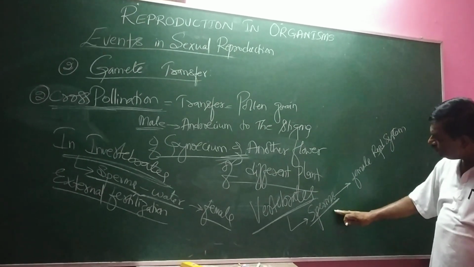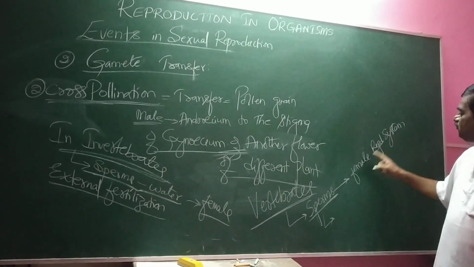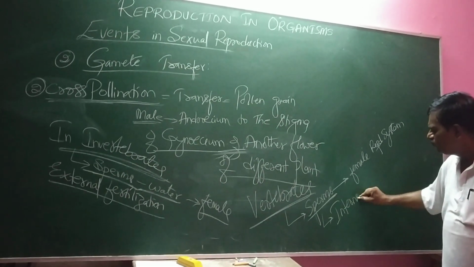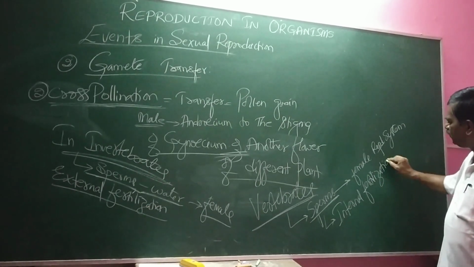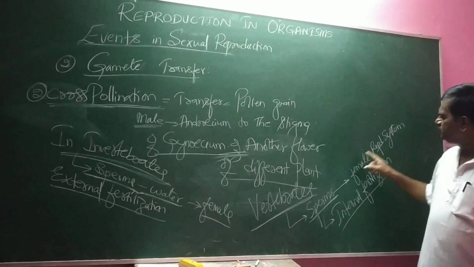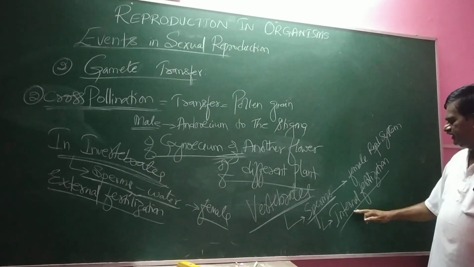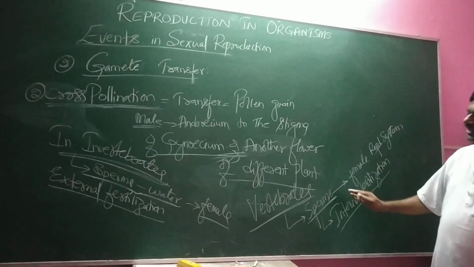The fusion of male gamete and female gamete takes place inside the female reproductive system. Hence it is called internal fertilization. Here the sperms are released into the female genital tract. In the female genital tract, the fusion of gametes takes place. So it is called internal fertilization.